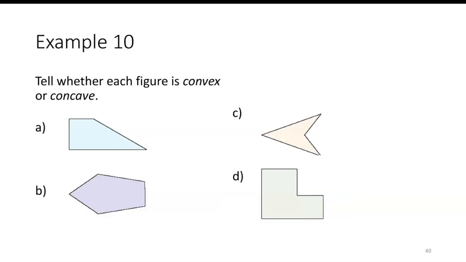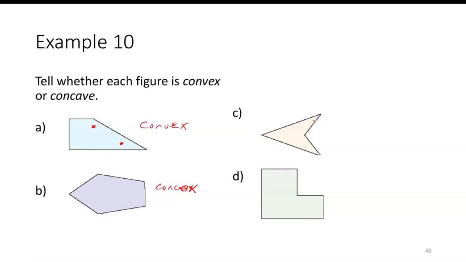So in terms of which figures are convex or concave, part A is convex. No matter where I put myself or my friend, I can always see each other. Same thing with part B. Part B is also convex.